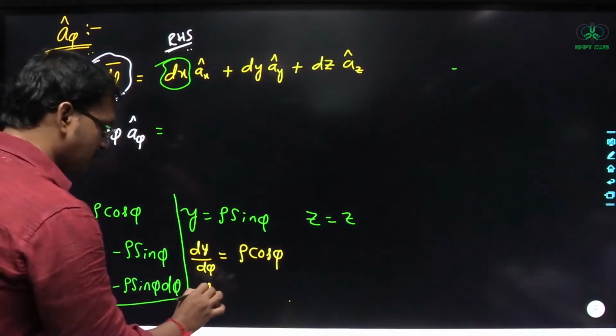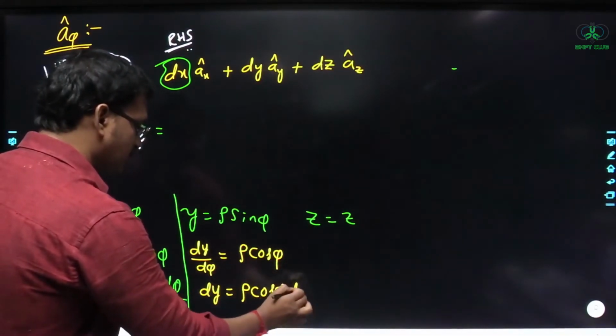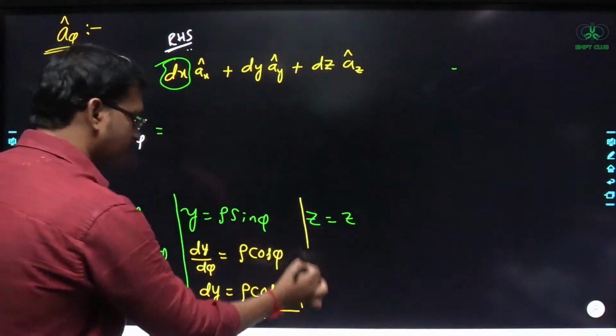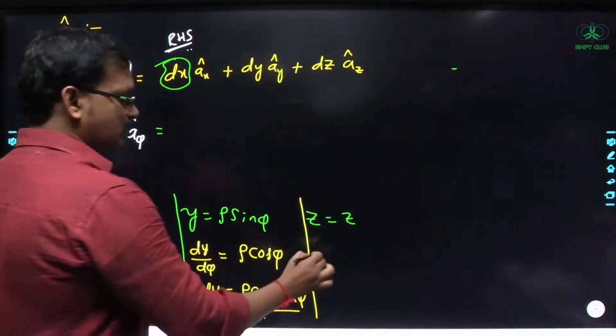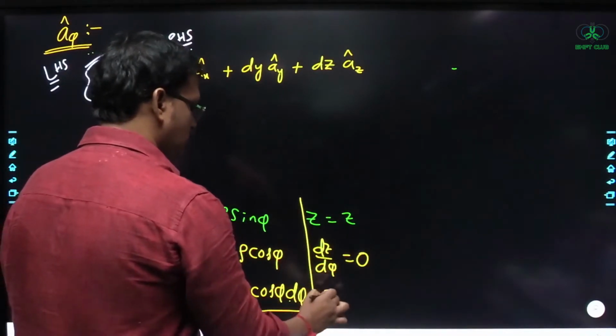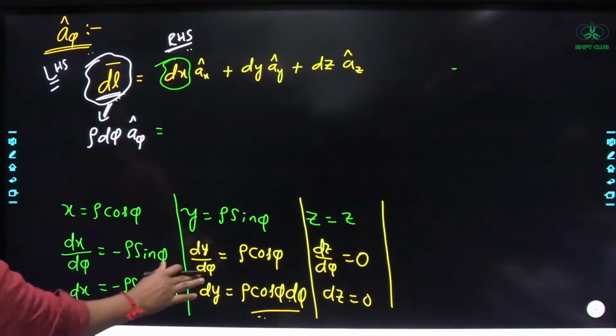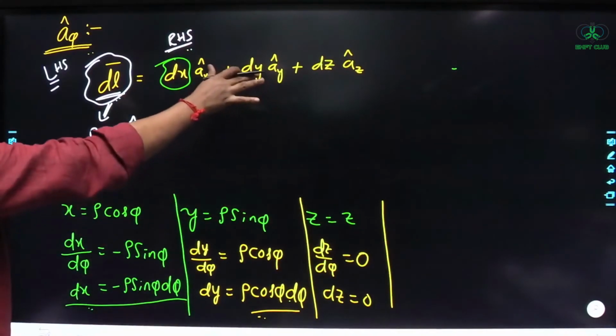So dy is equal to rho cos phi d phi. Now if you observe, z is independent of phi, so dz by d phi is 0. Therefore dz is equal to 0. Just substitute these dx, dy and dz values in the expression.